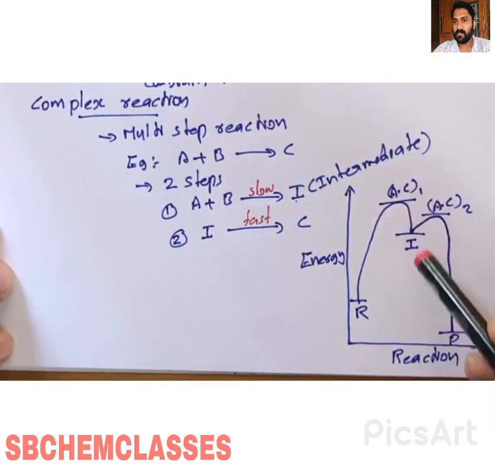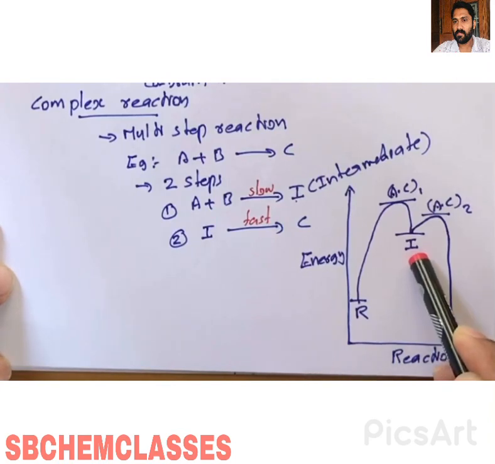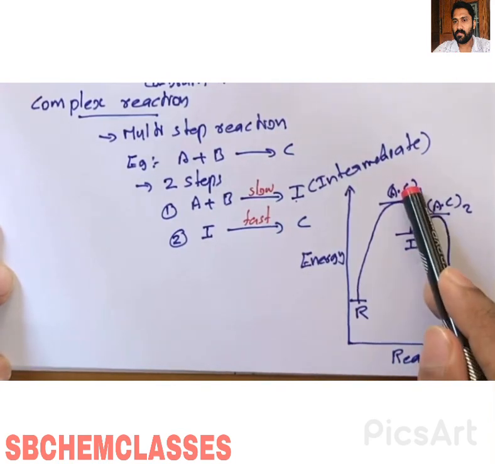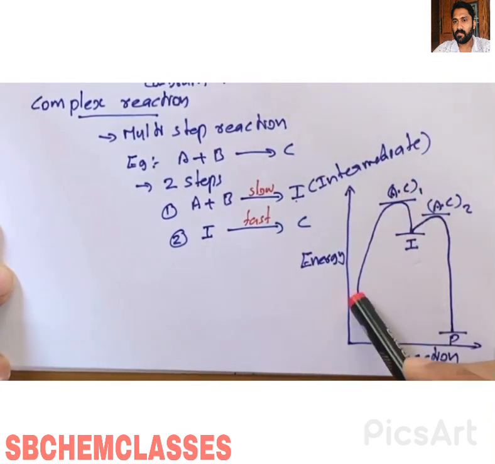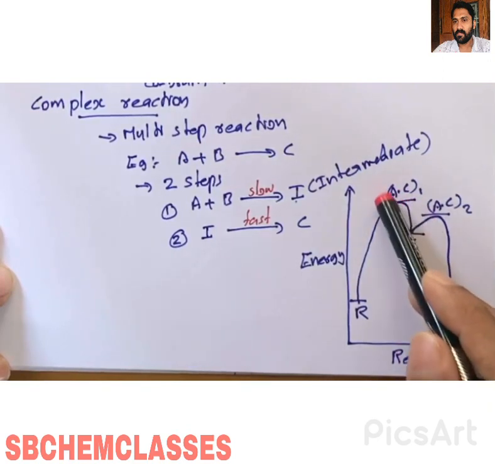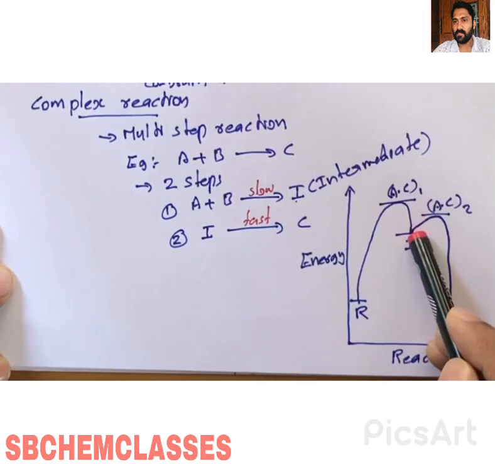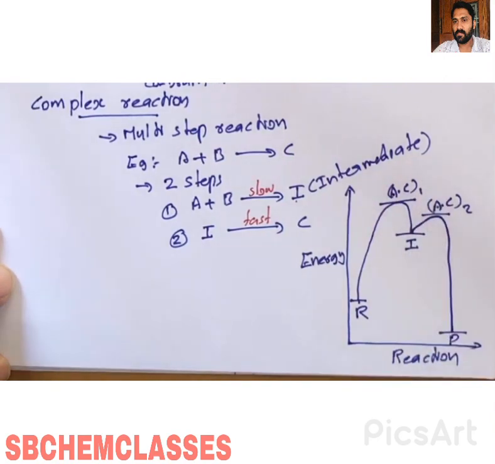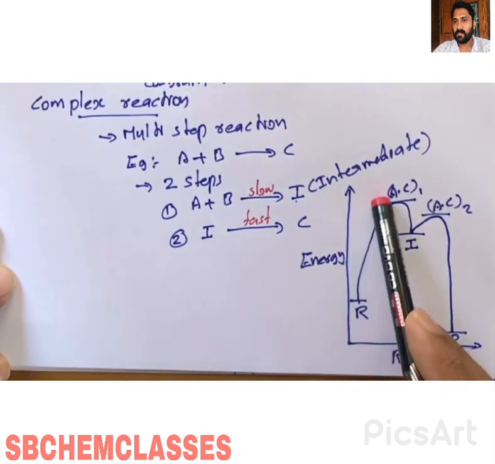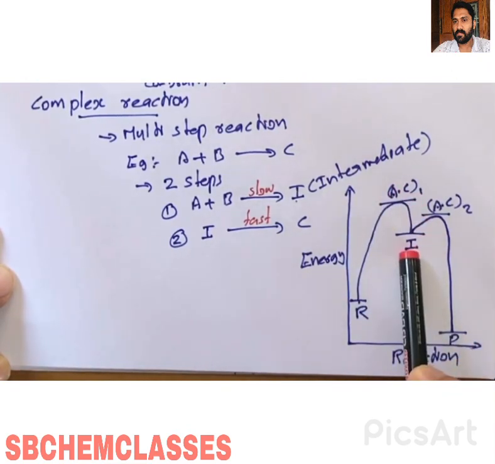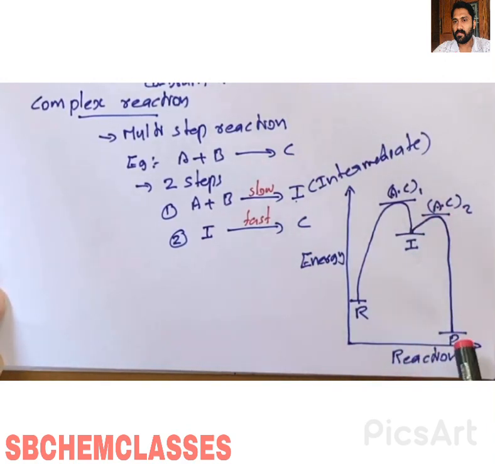Activated complex and intermediate are different. What is an activated complex? It is the transition state formed during one step. But the intermediate is a substance which can be separated after one step. But that intermediate is also less stable, so it is converted to product.